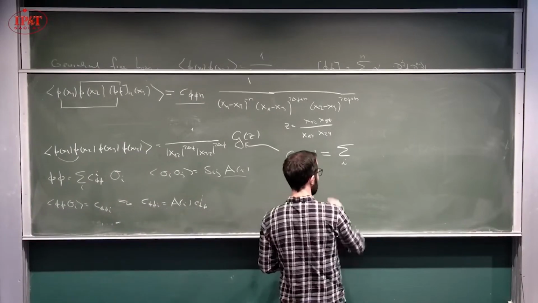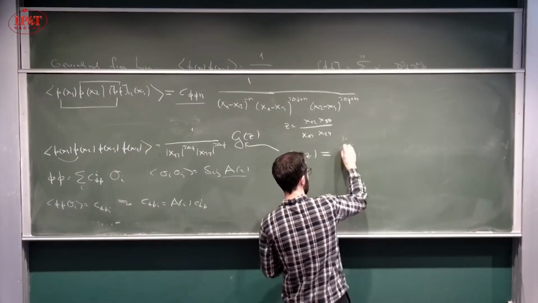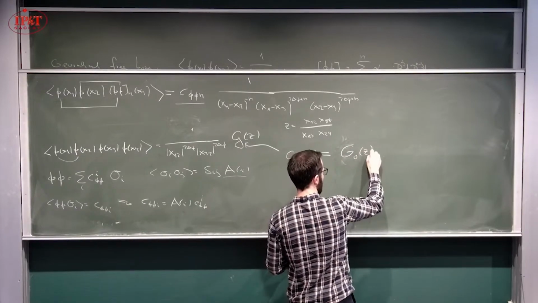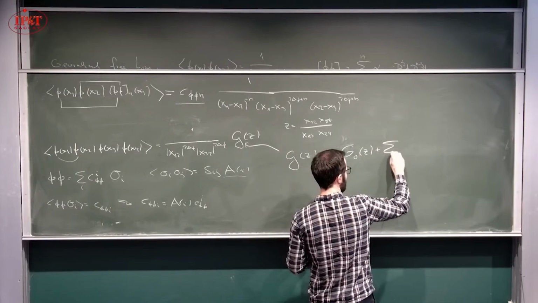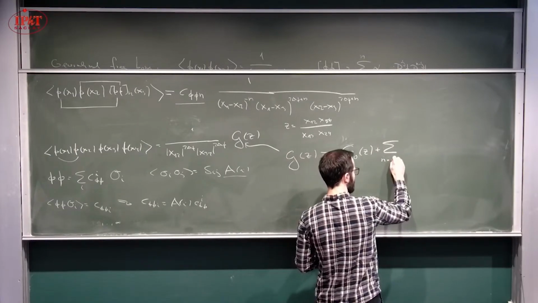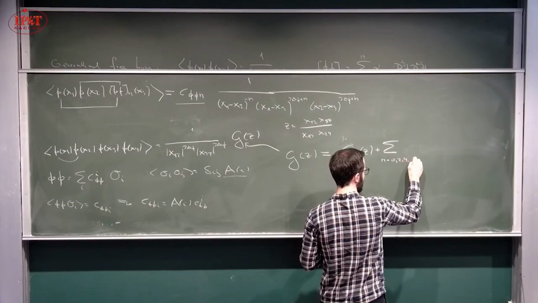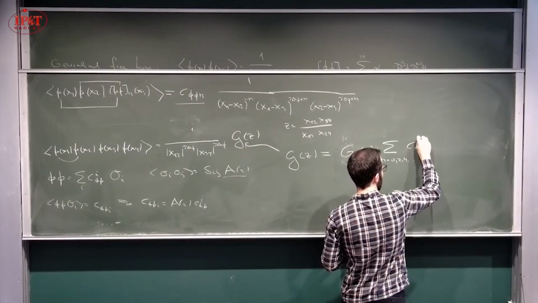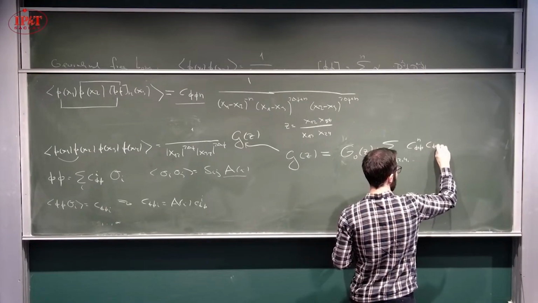And so what we should find is the contribution of the identity conformal block, with dimension 0, plus sum over n. And remember now the n's are only even, times the C phi phi n, C phi phi n.